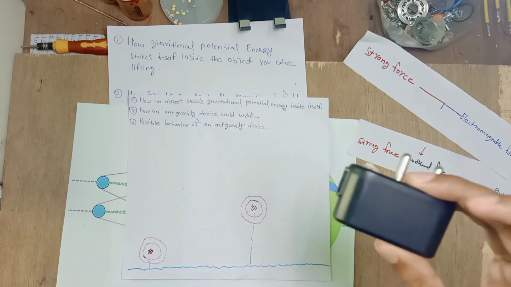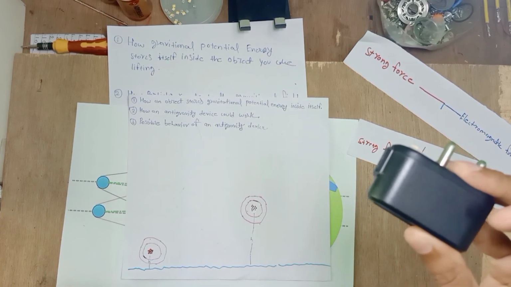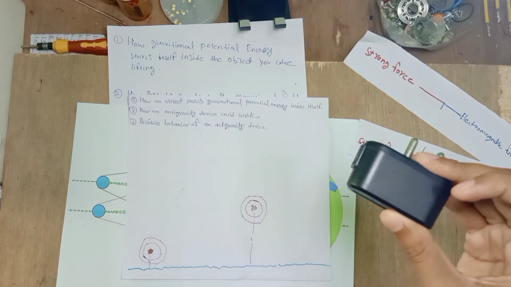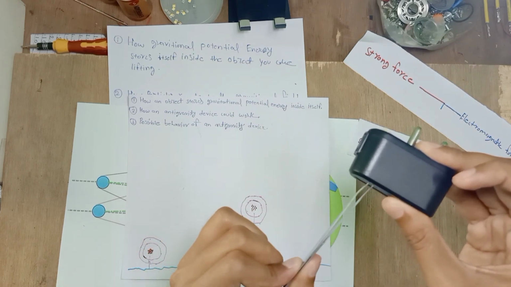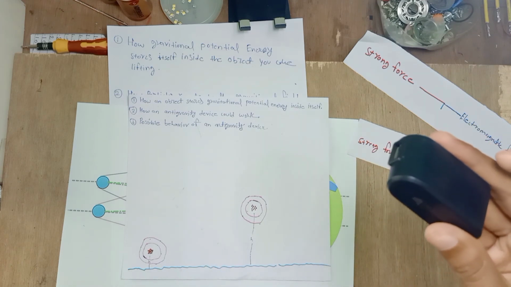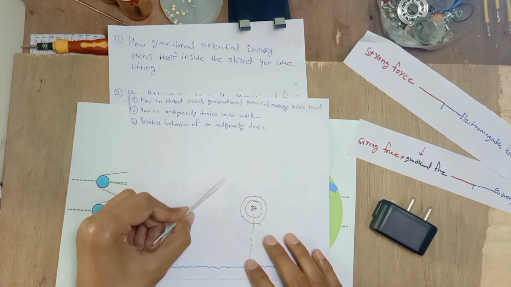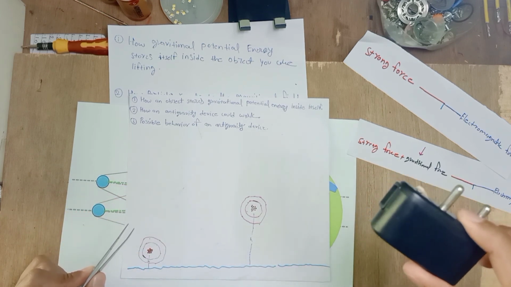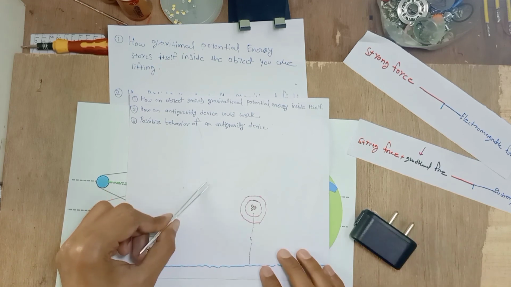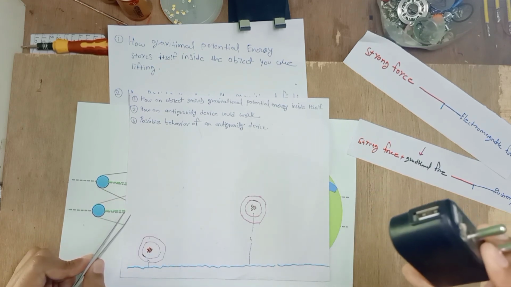If I am lifting this object, how much energy do I need to lift it? I lifted this object to this height. How much energy did I store inside this object? Very tiny energy, because this is not a heavy object. So for example, I stored 100 joules inside this object. This 100 joules is going to be divided among the total number of particles inside the object.